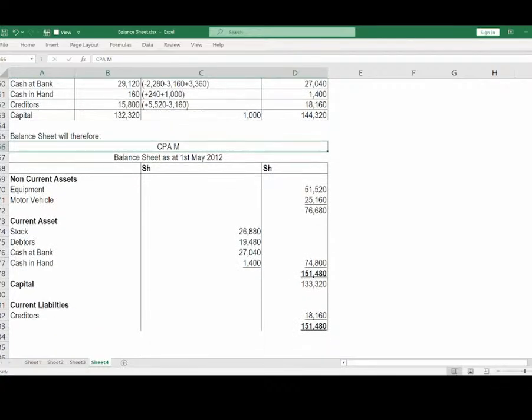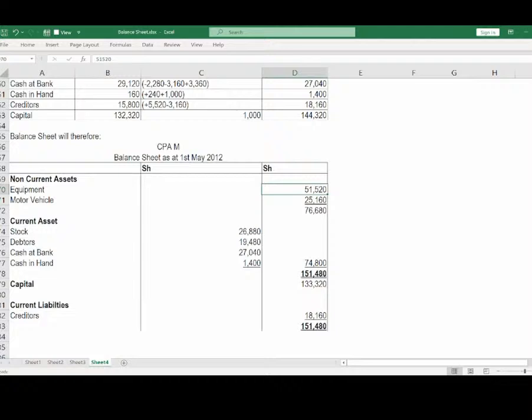So therefore, the balance sheet will have this, the title, CPM balance sheet as at 1st May 2012. We have the non-current assets. We have equipment and the motor vehicle. The current assets, we only have stock, debtors, cash at bank, and cash in hand. Then you have the capital.